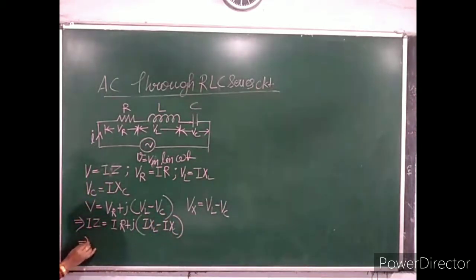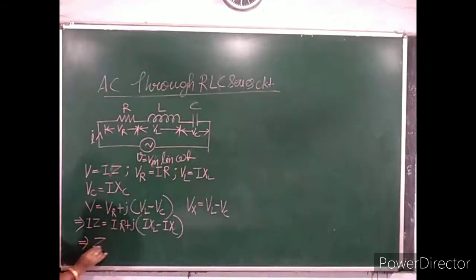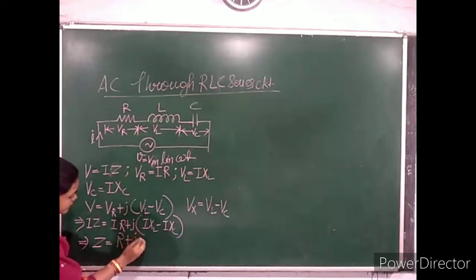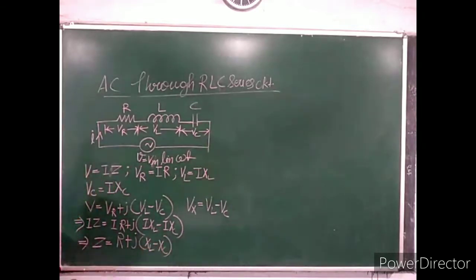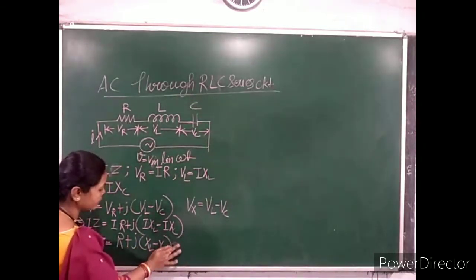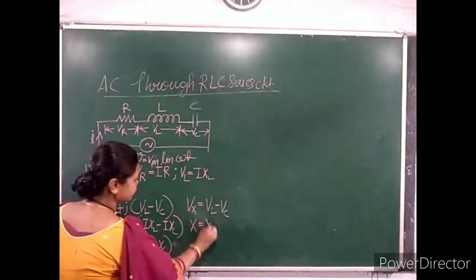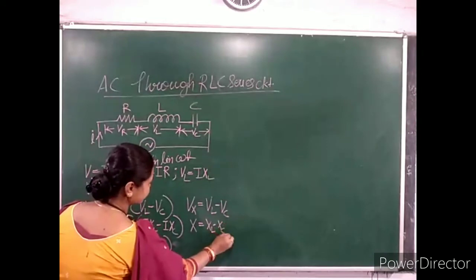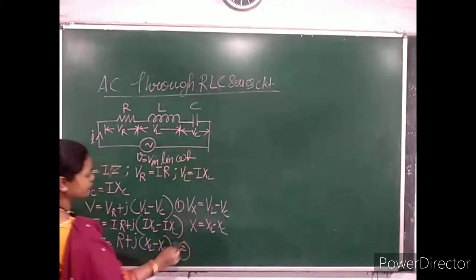So on both sides this I parameter is cancelled out and gives the result for total impedance for RLC series circuit. Now here total reactance is XL minus XC. Take it as equation number 1. This one is equation number 2.